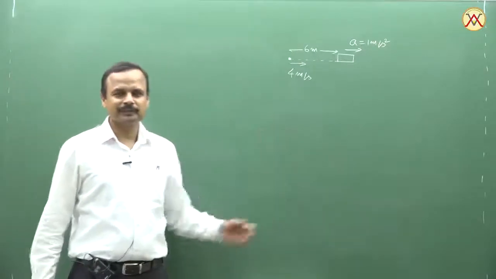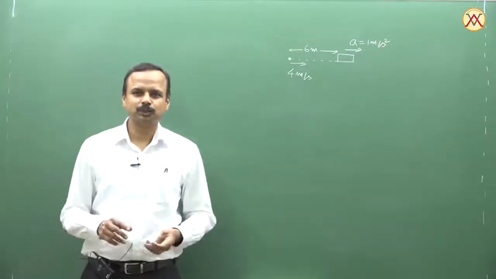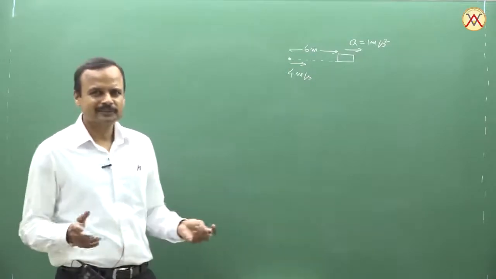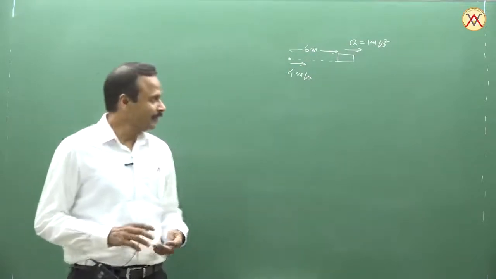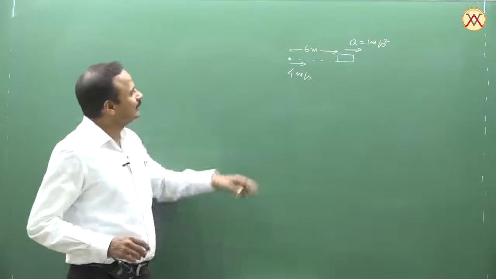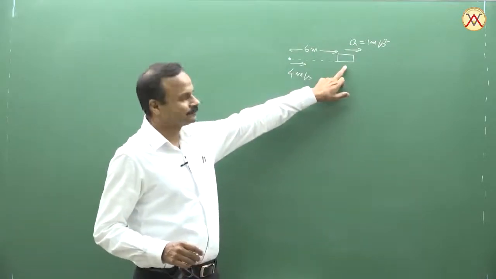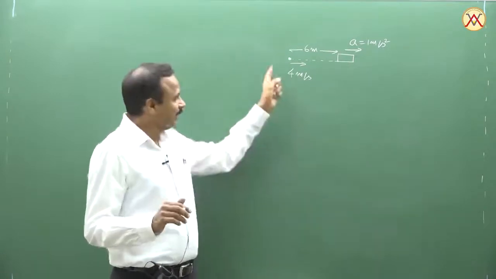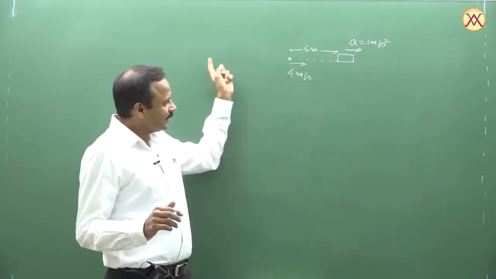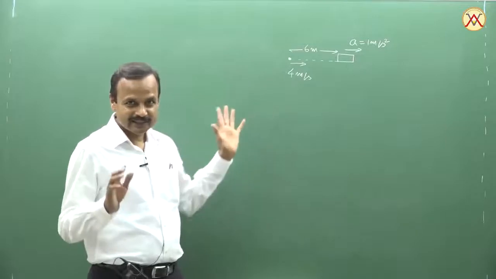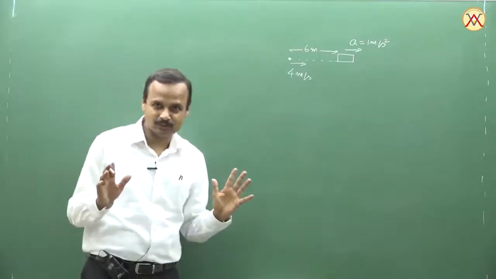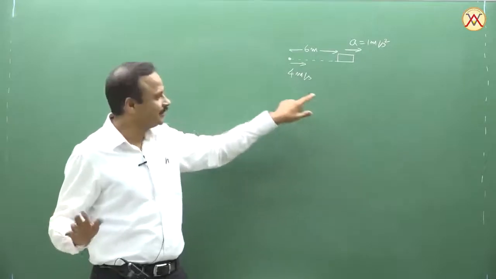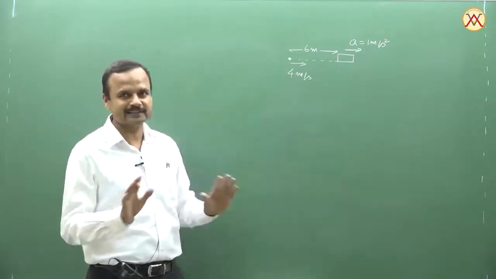Now this example is a very practical situation. Everyone encounters it once or twice in their lifetime. See, this is a bus which is about to start, and this person here wants to catch the bus. He knows that the bus is about to start, so he is running at his maximum speed, which is 4 meters per second. He cannot accelerate further.